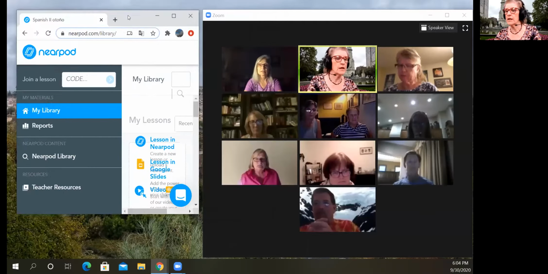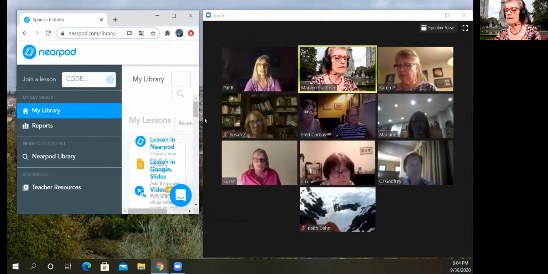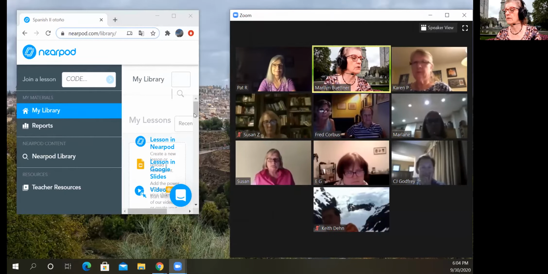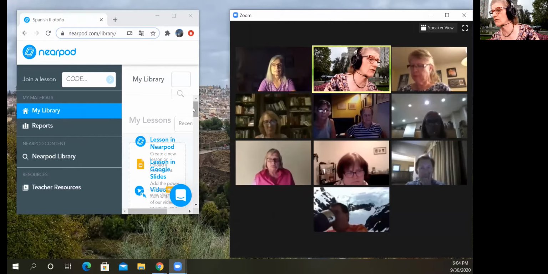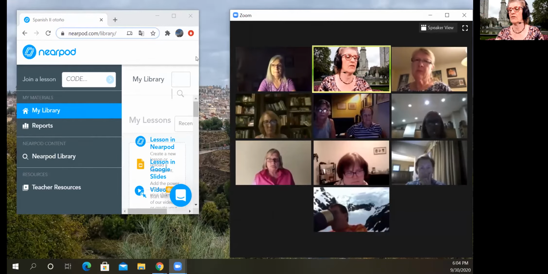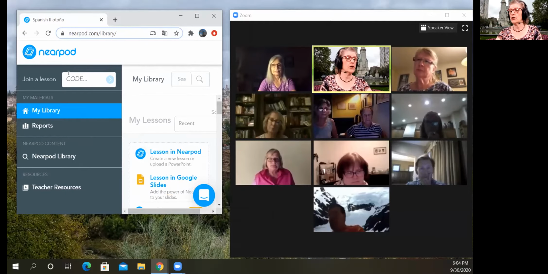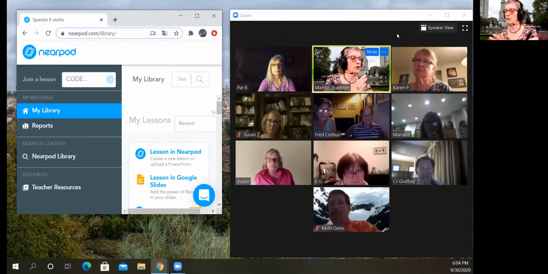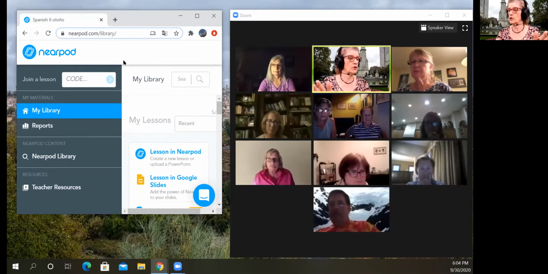Now, if you guys can figure out how to do this, and I may even need to do a live Zoom session some other time, the benefit of this is you could be getting a little assignment in Nearpod that you have running on the left-hand side, your Zoom running on the right-hand side. And you can be doing work here on the left while you're talking with somebody in a breakout room here on the right.